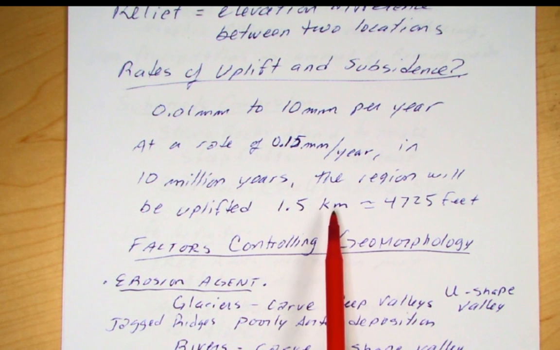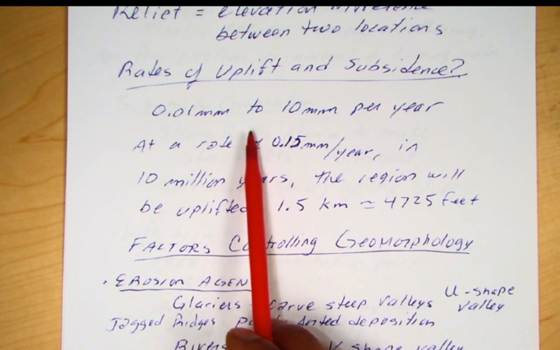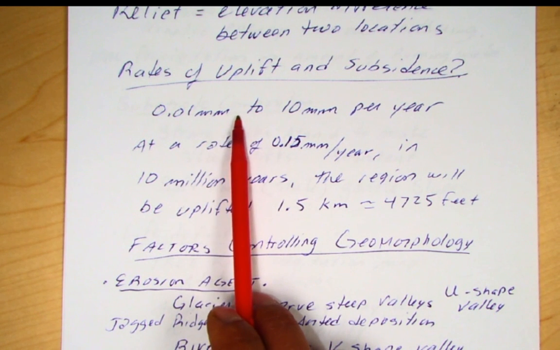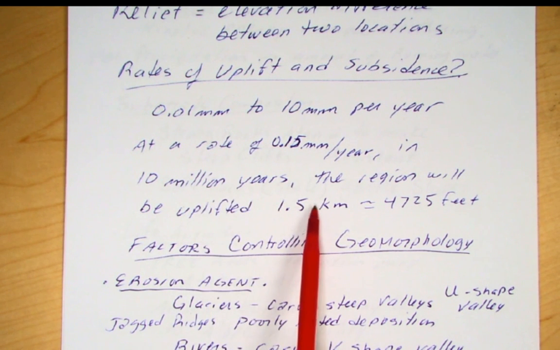So that gets significant over time. And usually the rates are a little bit faster. So this is actually toward the lower end. If I had even a 1 millimeter uplift rate over 10 million years, I'm going to get 10 kilometers of uplift, right? So a huge amount of uplift in that short period of time.